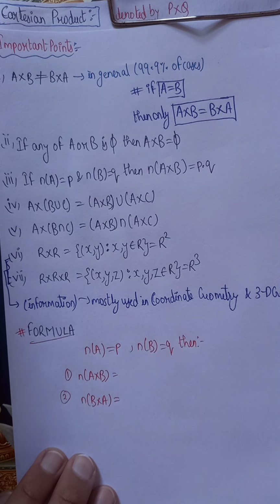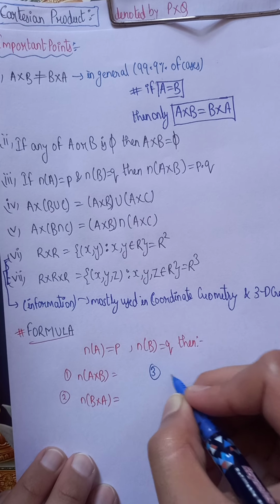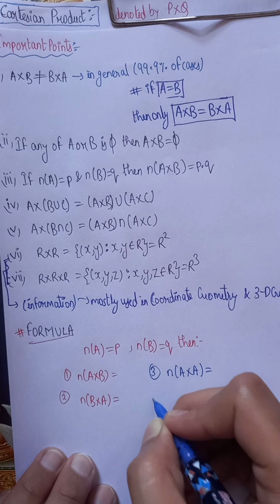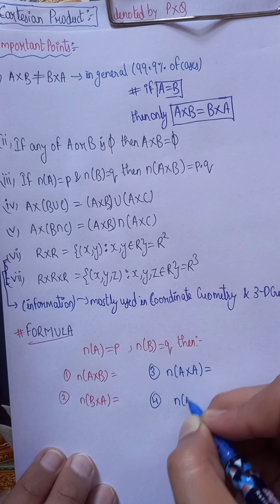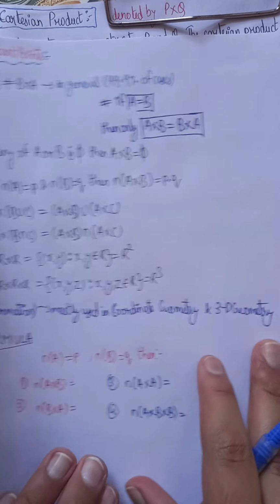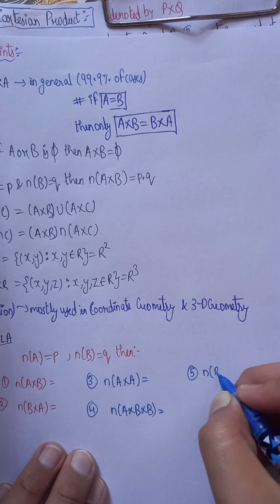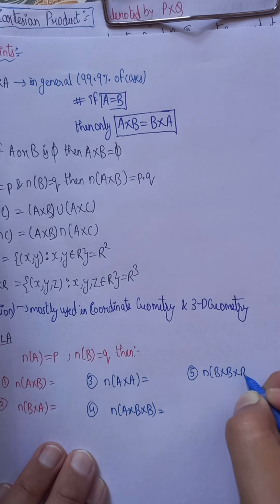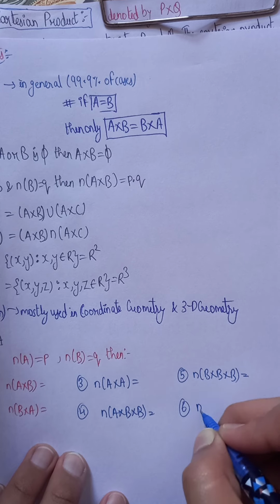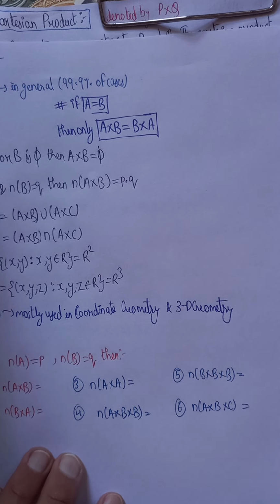Just calculate it one by one and write it. Third one, number of elements in A cross A? Fourth, number of elements in A cross B? Fifth one, number of elements in B cross B? And then number of elements in A cross B cross C is equal to how much?